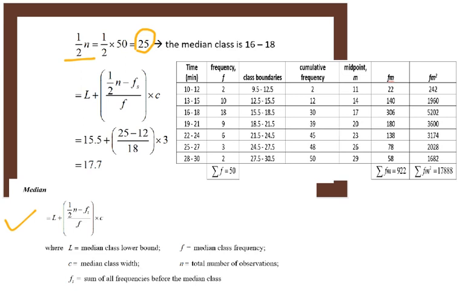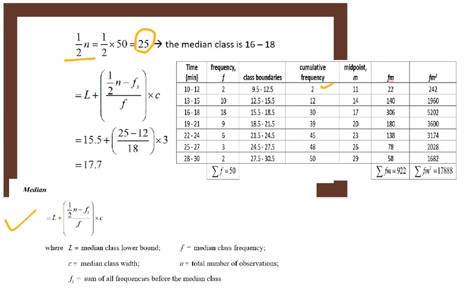Again, this 25 is not our median value. It just represents where our median lies. So this 25, we need to look for inside the cumulative frequency. You look at the first class, it's 2. This means the first and second frequencies lie in the first class.